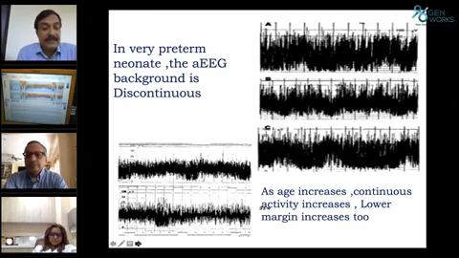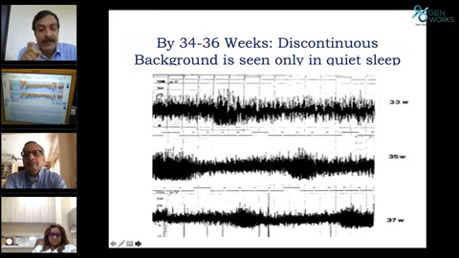And what she says is this amplitude of the bandwidth comes down as the baby matures. So this is what we are seeing as the baby matures more. The voltage comes down. We see a continuous pattern. We see a sleep-wake pattern. And this is classically what we have seen at 34 to 36 weeks of gestation.